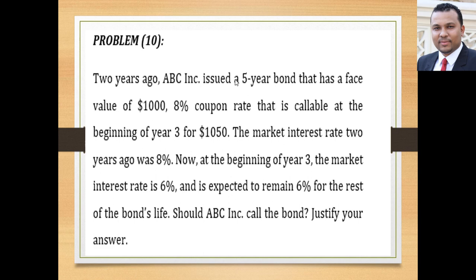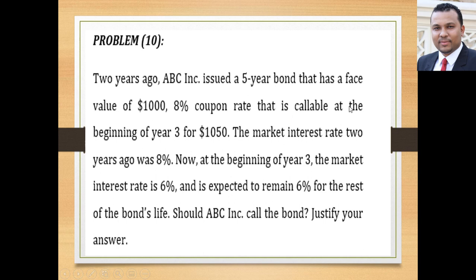ABC Corporate issues a 5-year bond with a face value of $1,000 and an 8% coupon rate. That is a callable bond. So the issuer ABC has the right to call or redeem the bond before maturity because it's a callable bond.